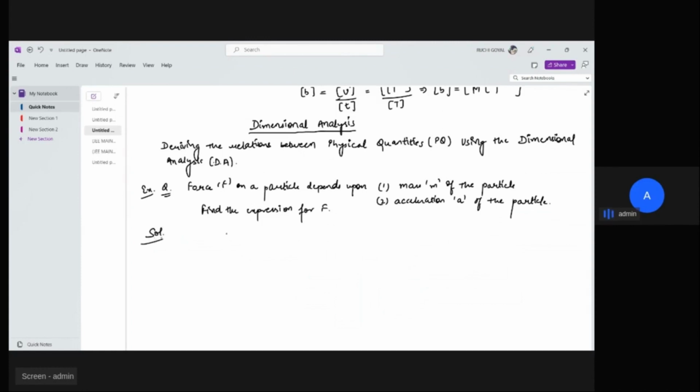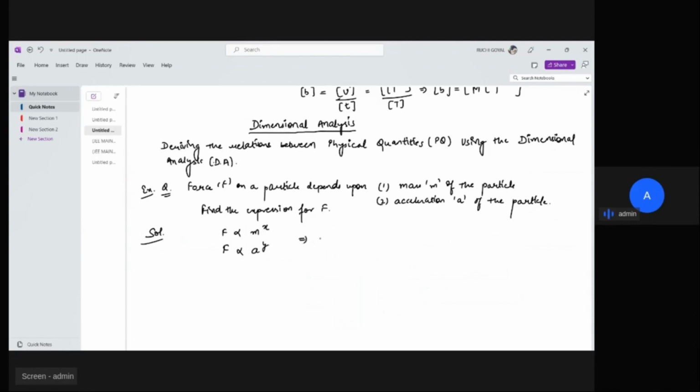Deriving the relations between physical quantities, first we have to write which quantities it depends on. So F depends firstly on m, that is mass. We can write m raised to power x. Then force also depends upon acceleration, which we raise to power y.